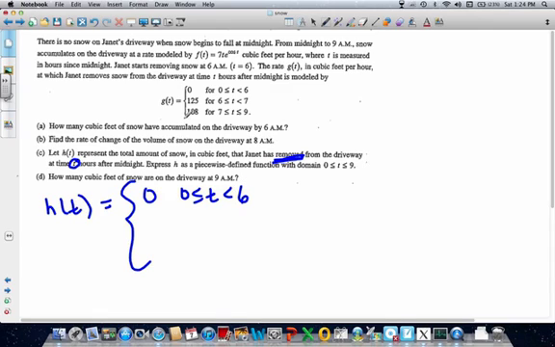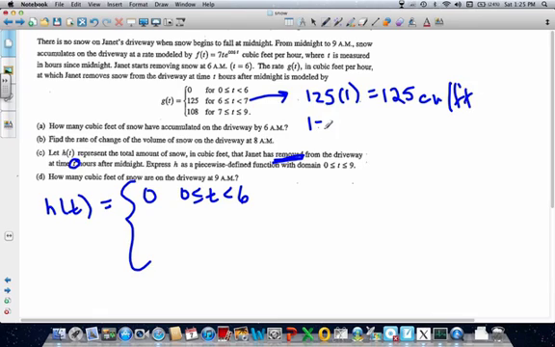Then, every hour between 6 and 7, she removes 125 cubic feet of snow. So if we think about what that means, if this was her rate for the whole time, and 1 hour had passed by, that would be 125 times 1, which would be 125 cubic feet.